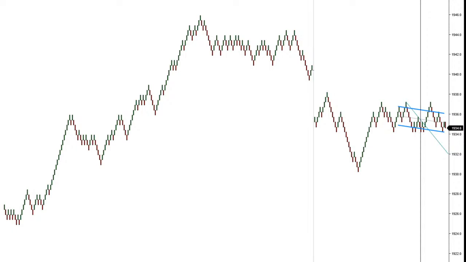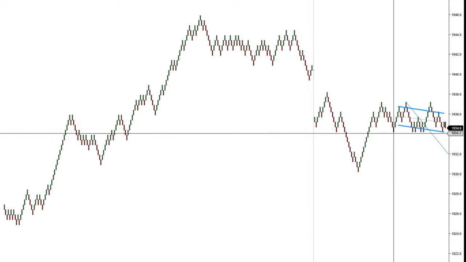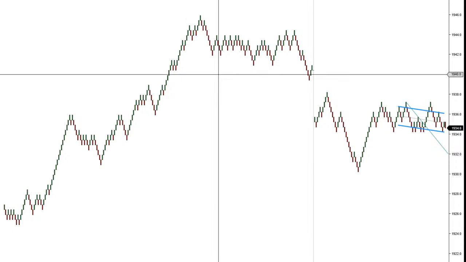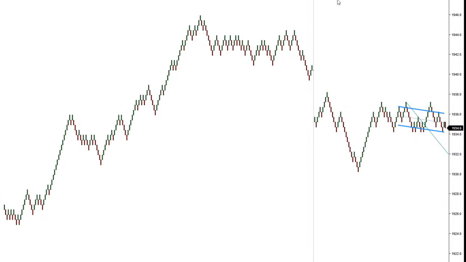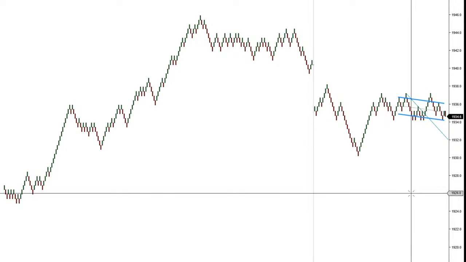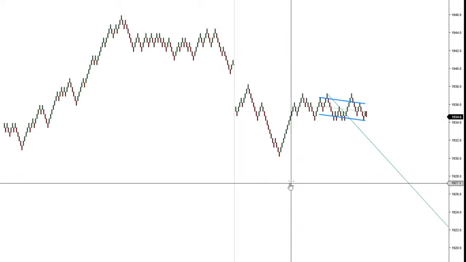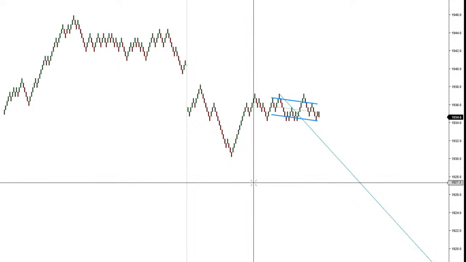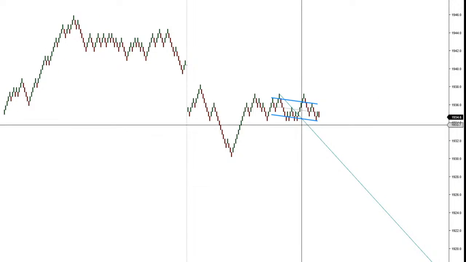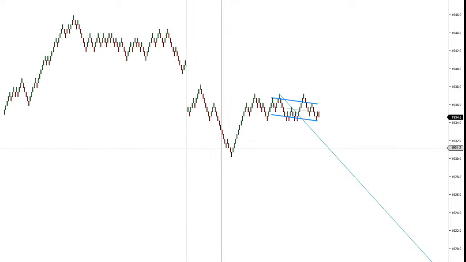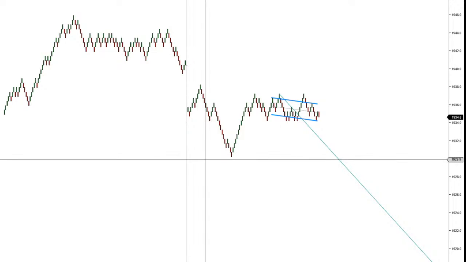So it looks like the ES, YM, and NQ and Russell are still trying to reach some correctable numbers. So we're going to open up with a gap, a gap to the upside.